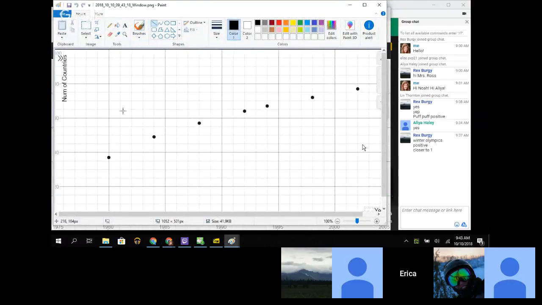So one thing that you can do is try to draw a line that looks like it goes through most of the data, right? My line's not perfect, but that kind of looks like it goes through most of my data. Everybody okay with that?